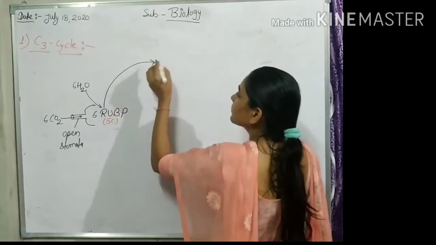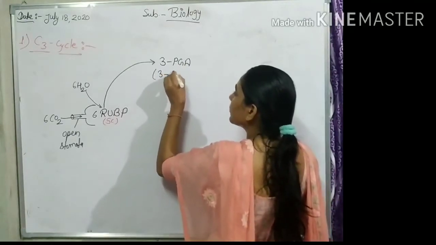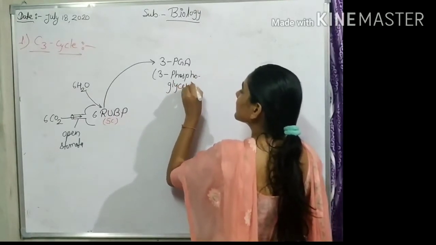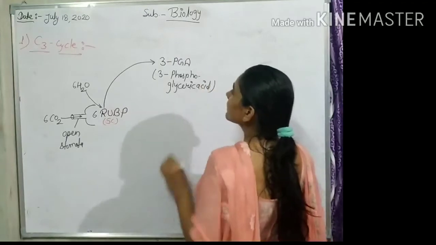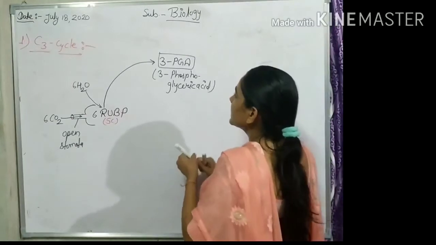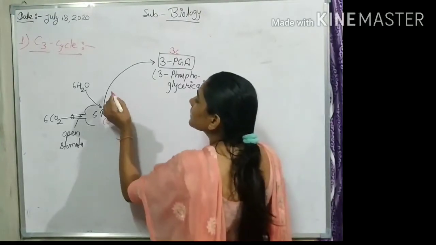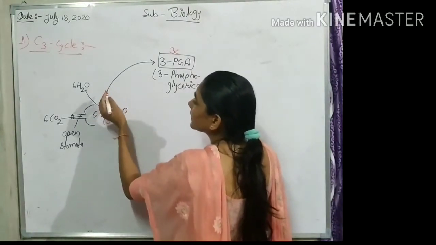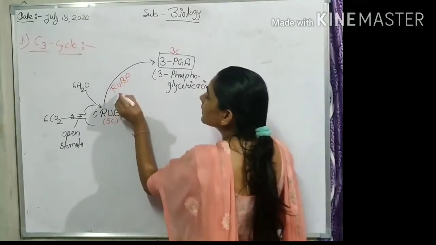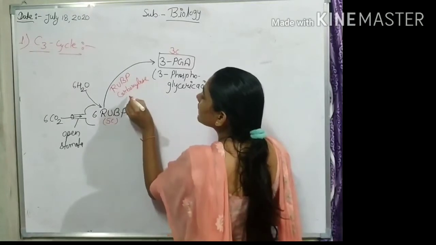Then formation of 3-PGA, 3-phosphoglyceric acid. 3-PGA is a 3 carbon compound, and this reaction occurs through RuBP carboxylase enzyme.